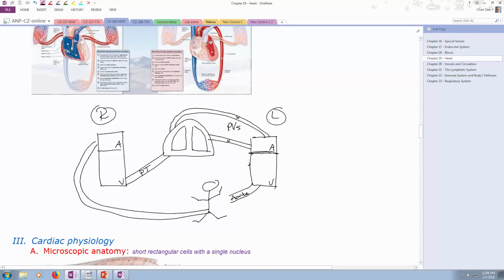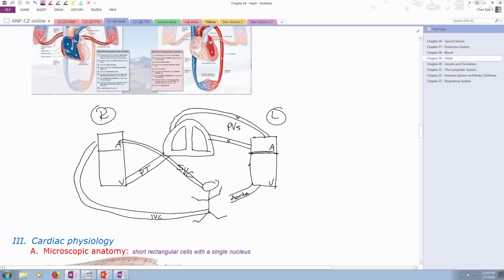This one here, and then this one here. I'm just going to cross over another path. And so you should realize that this is meant to be the IVC, and this one here is meant to be the SVC, or superior vena cava.